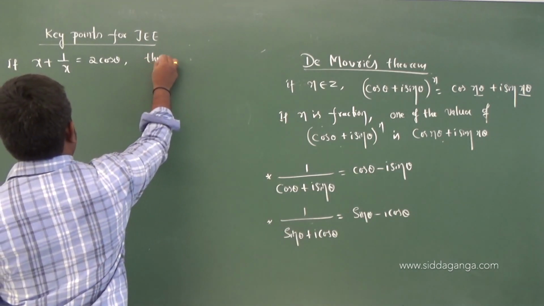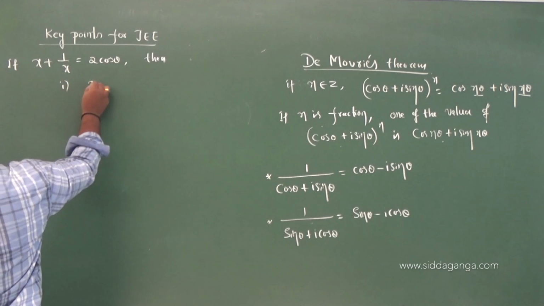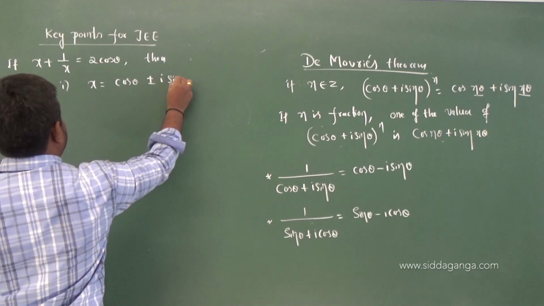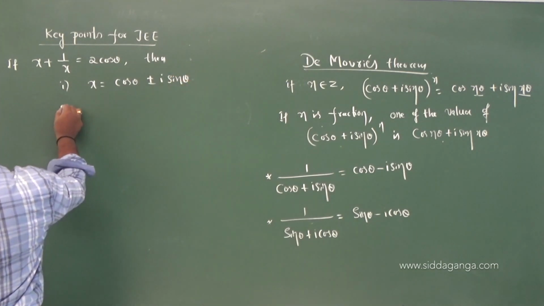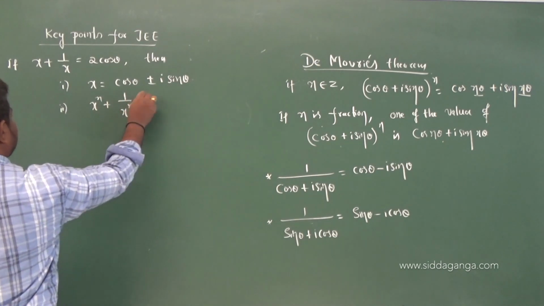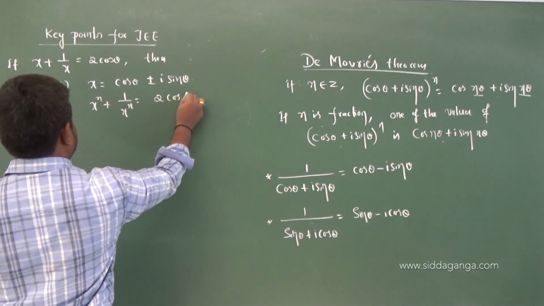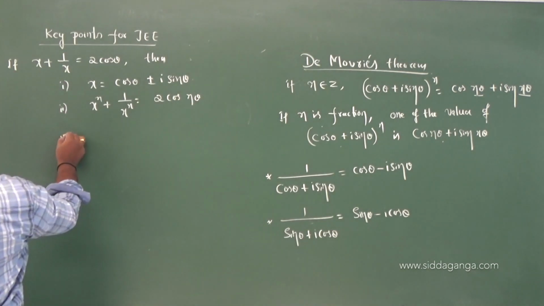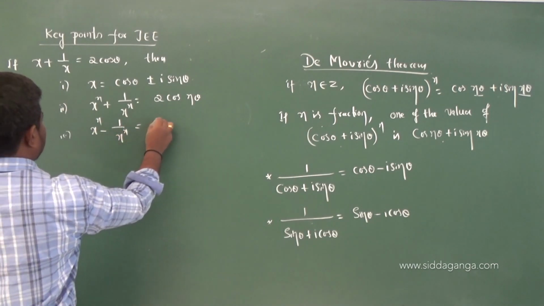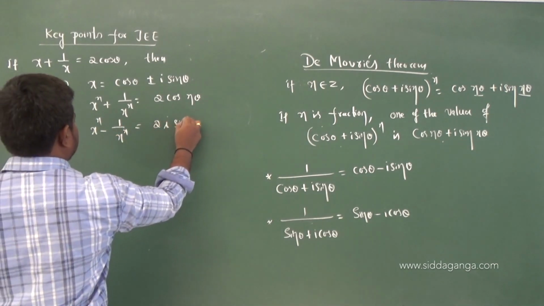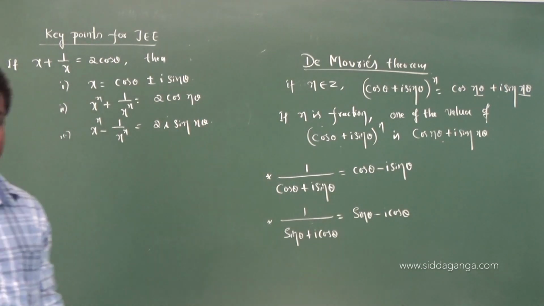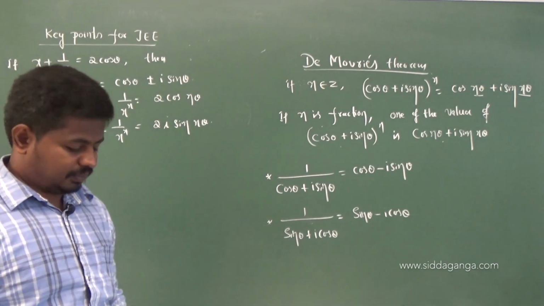Then x becomes cos theta plus or minus i sin theta, any one of these two. And x power n plus 1 by x power n becomes 2 cos n theta, and x power n minus 1 by x power n becomes 2i into sin n theta. It's also an important result we are going to use in JEE.